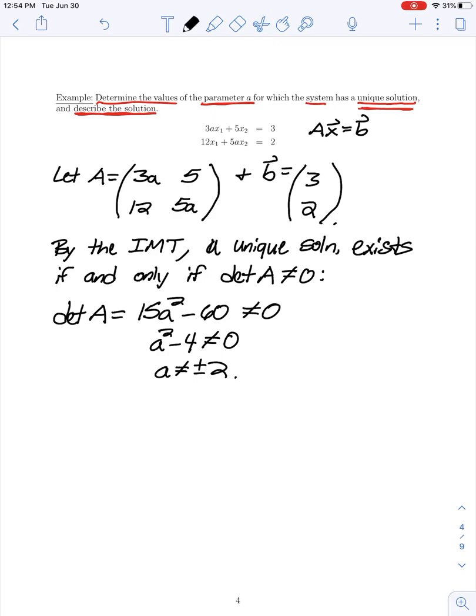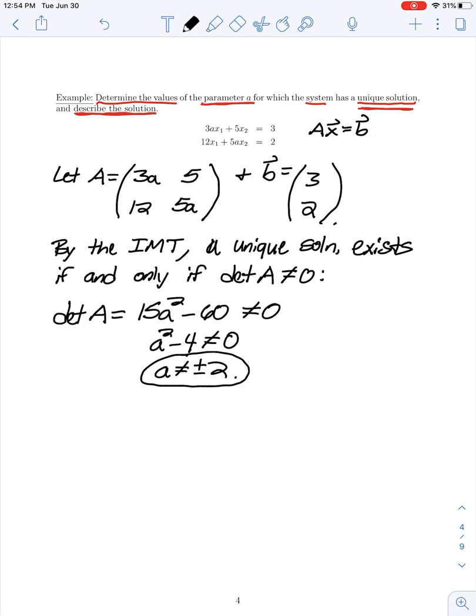In that case, we would have a matrix which is not invertible, and we would not have a unique solution. We might have an infinite number of solutions if our system has a free variable. Provided that A is not equal to plus or minus 2, we have a unique solution.